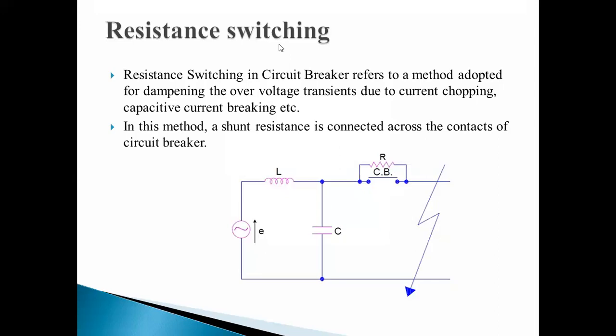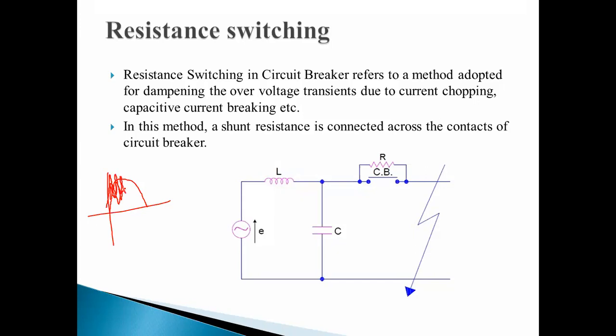Here dampening means what? Actually, what is happening when we are considering the restriking voltage? That restriking voltage is here, on this way. When you have seen that there are transients, that voltage is decreasing there, but that is not a pure sine wave.